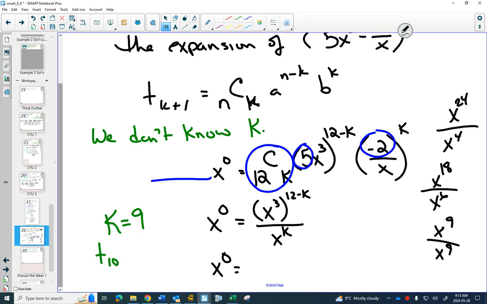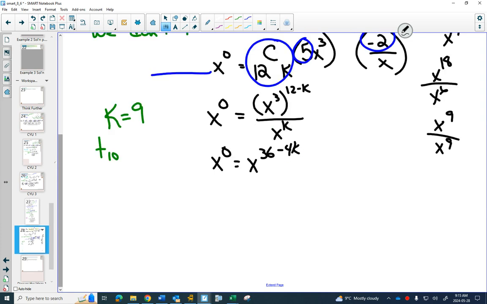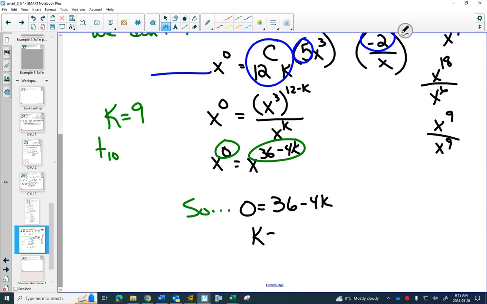You see you'd have 33 minus 3k minus another k would be 36 minus 4k. And at this point, 0 has to equal 36 minus 4k, and it's not hard to solve from there. That k is equal to 9.